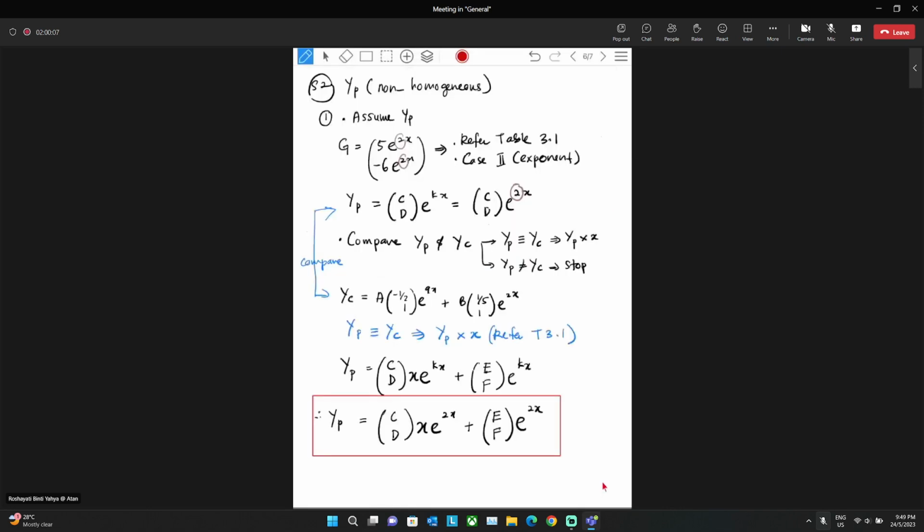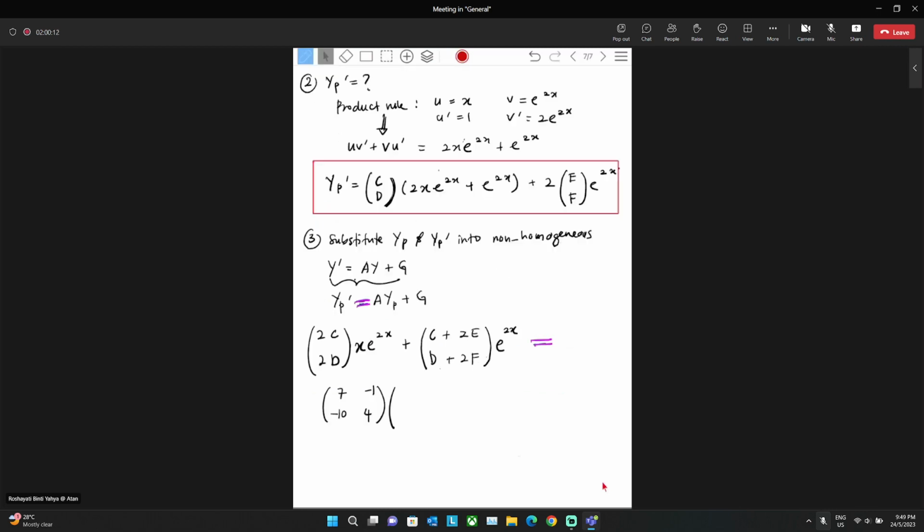So write back your YP: CD x exponential 2x plus EF exponential 2x.